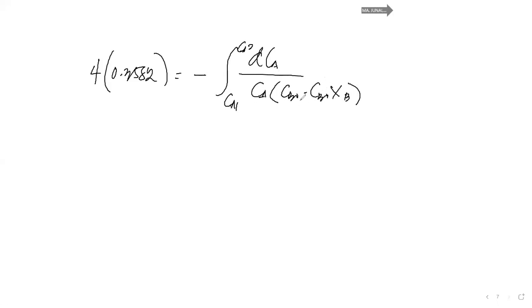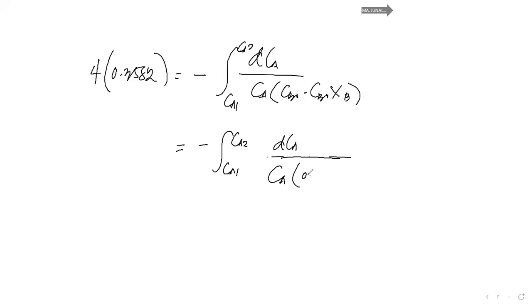Now, our purpose of writing it in this manner is that we can replace this expression in terms of CA, because our differential is in terms of CA. So I'll have here negative integral from CA1 to CA2, and you have dCA over CA.